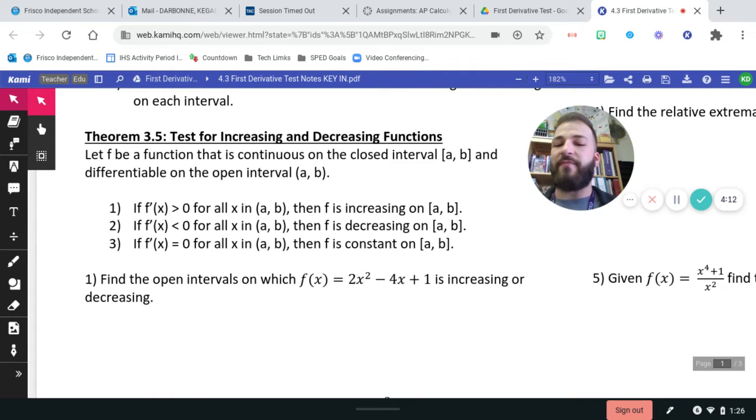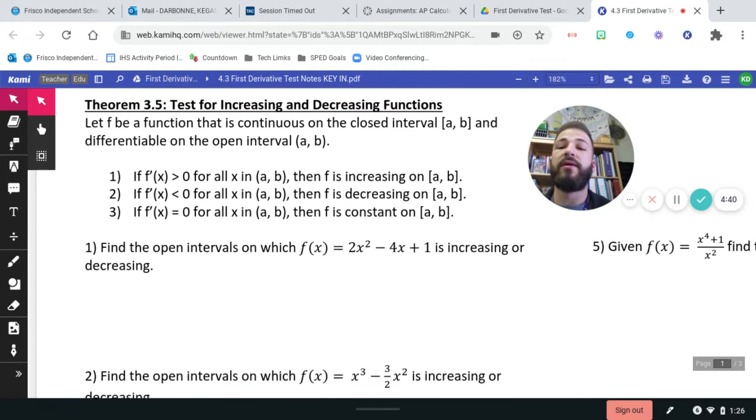If f prime is less than 0 on that interval, which means it's negative, then f is decreasing on the interval a to b. So negative, decreasing; positive, increasing. And last but not least, if f prime of x equals 0, it's constant because it's a critical number. We're having that slope of 0 occurring, which is why we talk about it as constant.